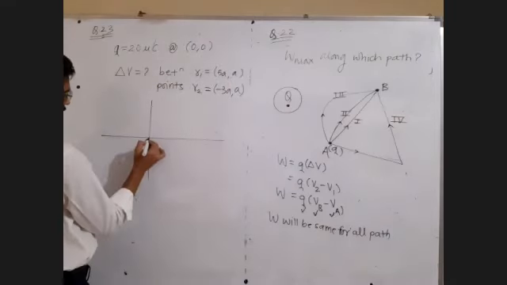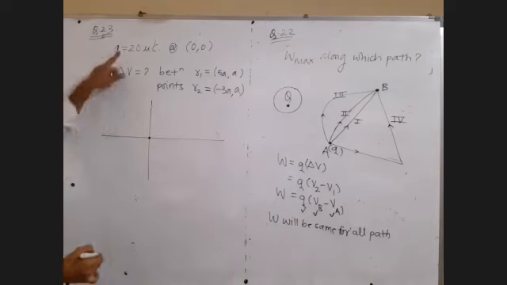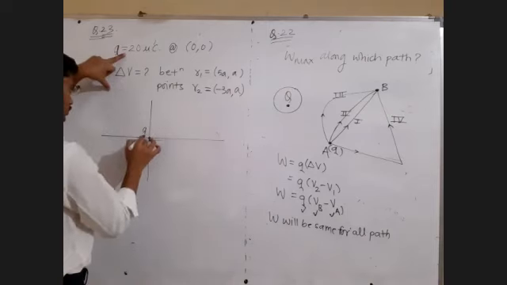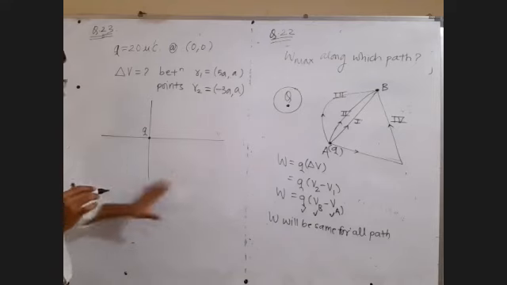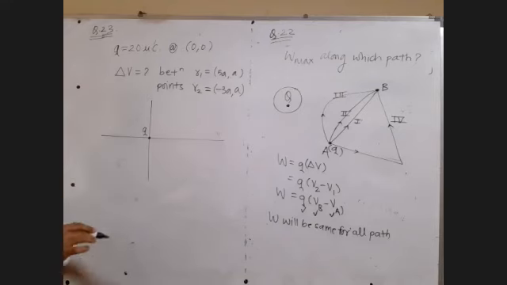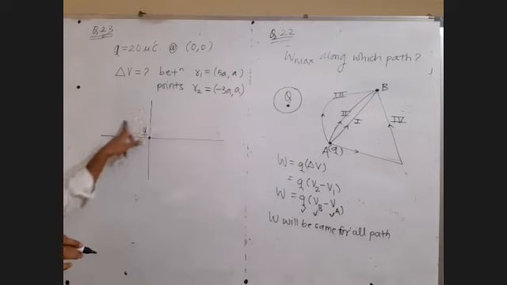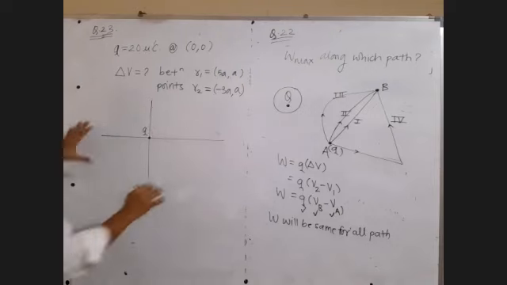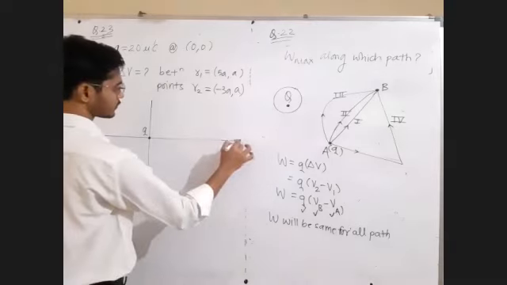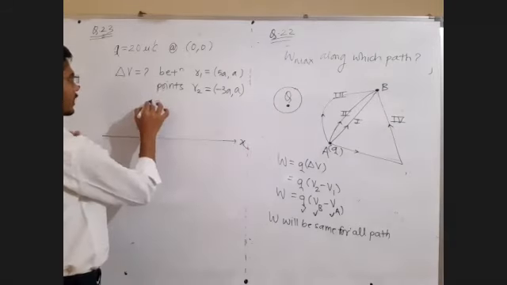At 0 comma 0 we have a charge of small q. So this is our charge system. Because of this charge system, in a region around it, there will be values of potential, a potential field or electric field. This is the x coordinate, this one is the y.